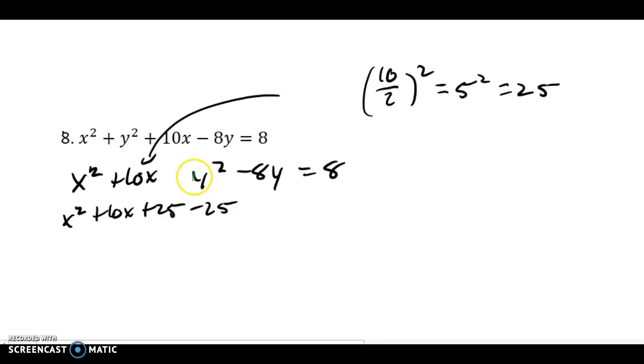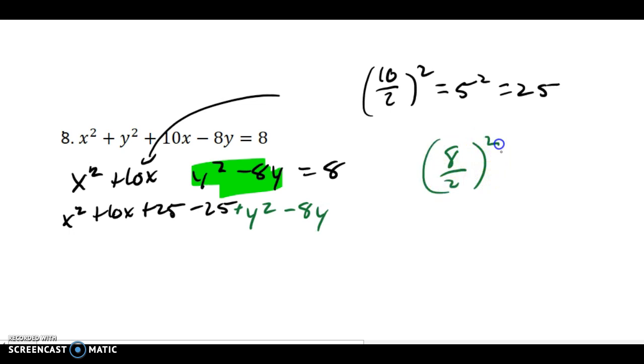And then I'm going to do this one in green. So y squared minus 8y, and then 8 divided by 2 is 4, right? 4 squared is 16. So we're going to add and subtract 16, and that's going to equal 8.